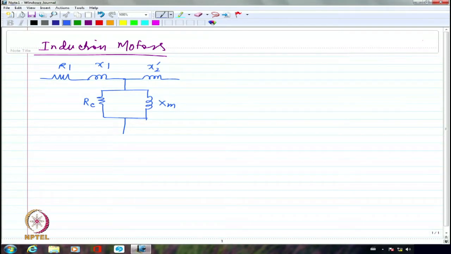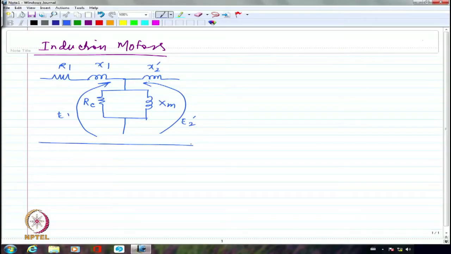Because of which, what we got here was E1, and this became directly E2 dash, which was also equal to E1 because of the turns ratio. That having been taken care of, E2 dash will be equal to E1. And we wrote two portions of the resistance.